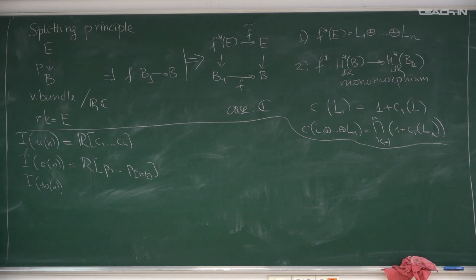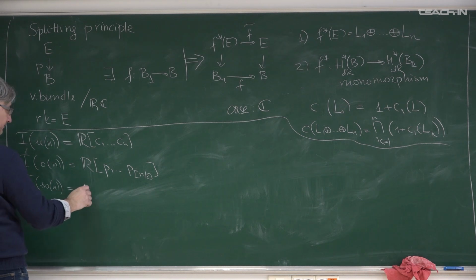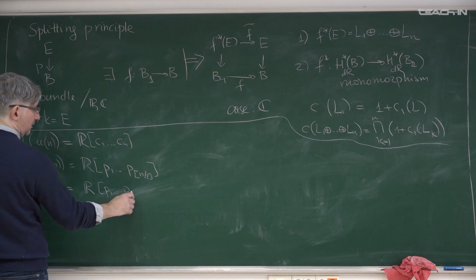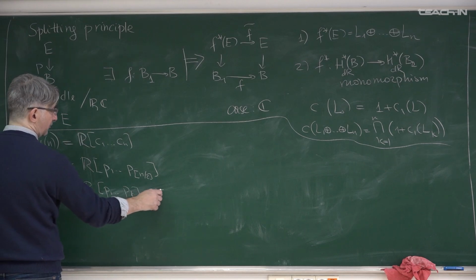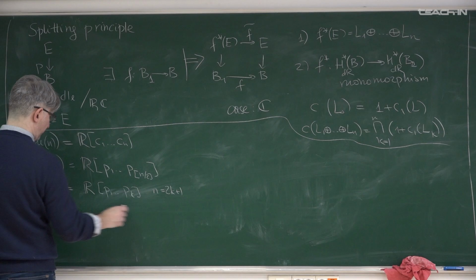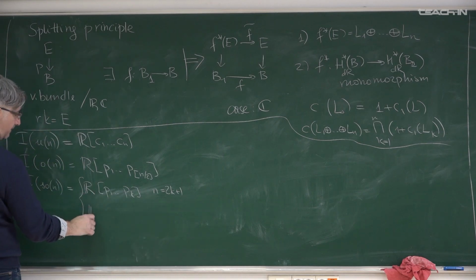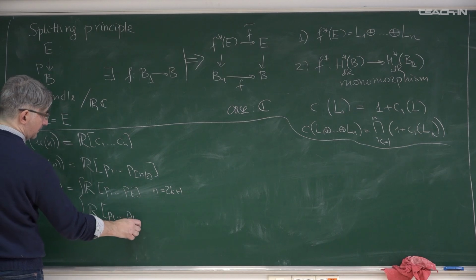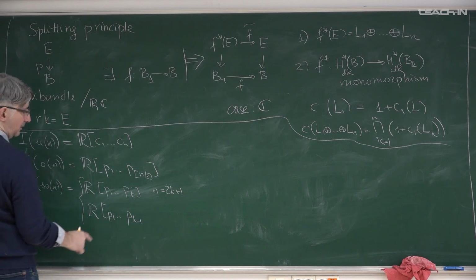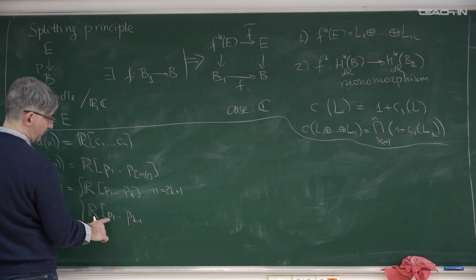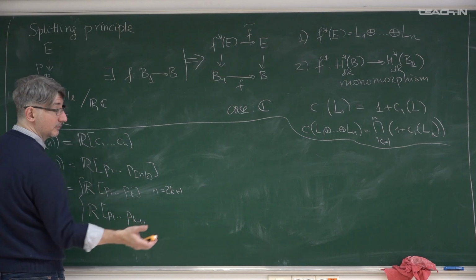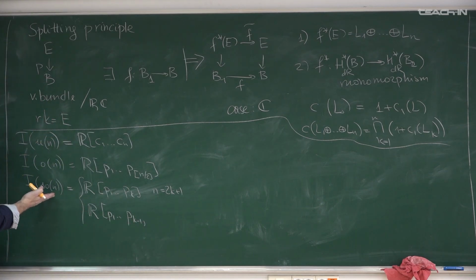The answer is as follows. It is the same, P1, ..., Pk if n is equal to 2k+1. And it is a little bit trickier when n is even, because it's an algebra of polynomials on these Pontryagin classes, and in even dimension you have the Pfaffian, which gives you the Euler class.